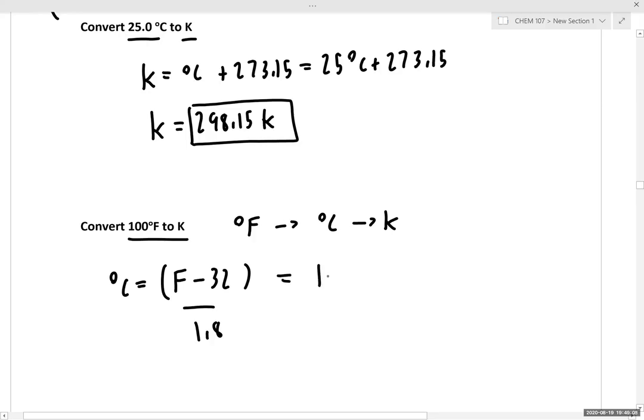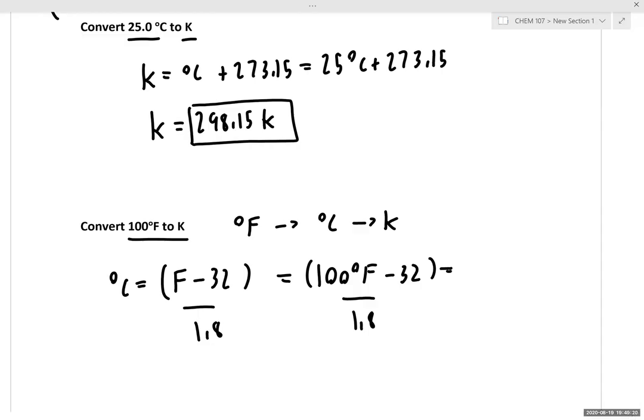So that in turn gives us 100 degrees Fahrenheit minus 32 over 1.8. That in turn gives us 37.78 degrees Celsius.